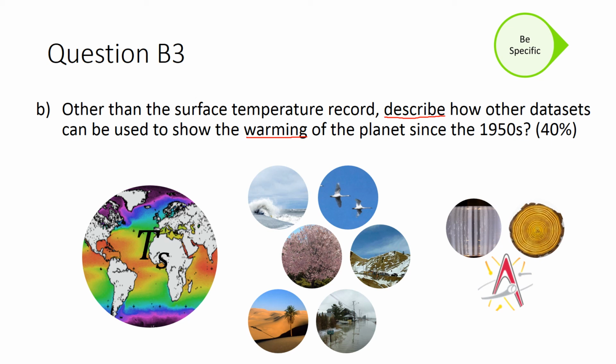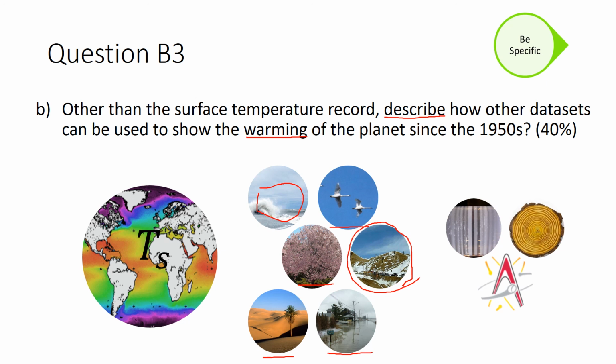So we're really looking for things like increased storminess. Okay, like this one here. It's maybe a little bit controversial that increased storminess is actually a result of global warming. But things like changing the timings of bird migrations, or the flowering of plants, snow-free days in the Alps, okay, when the skiing goes all wrong, increased desertification, sea level rise. Those are all a good list of things to say.